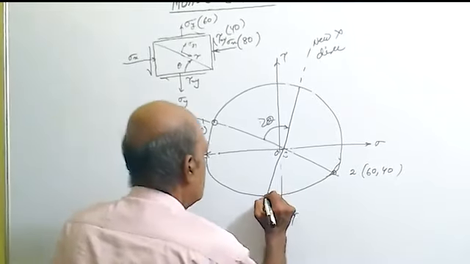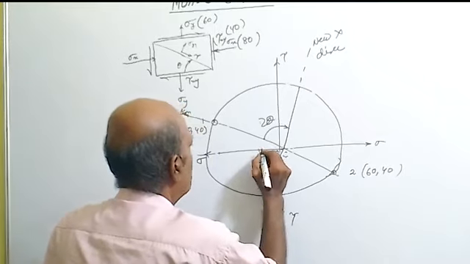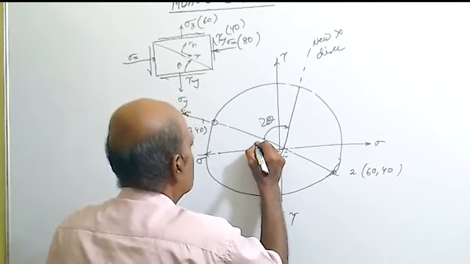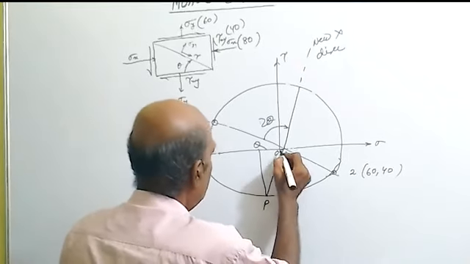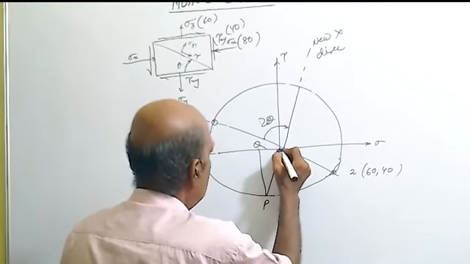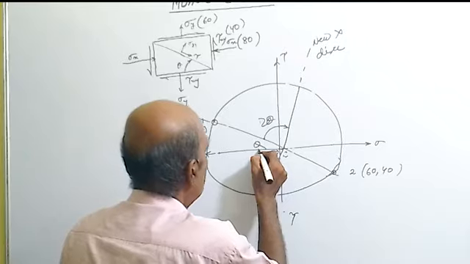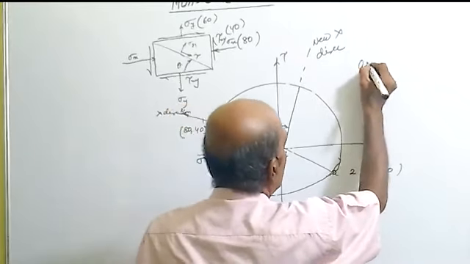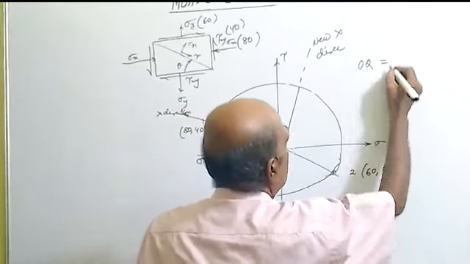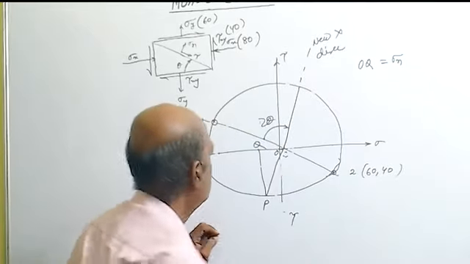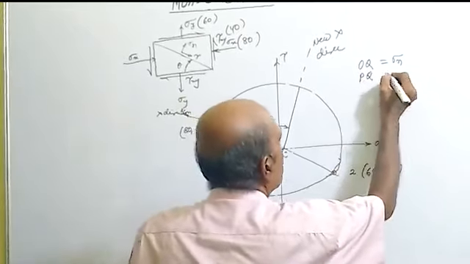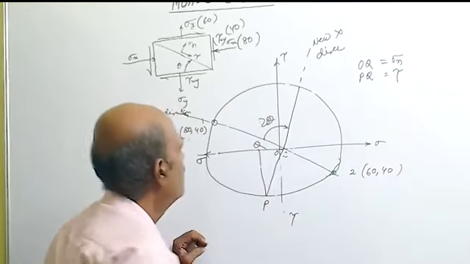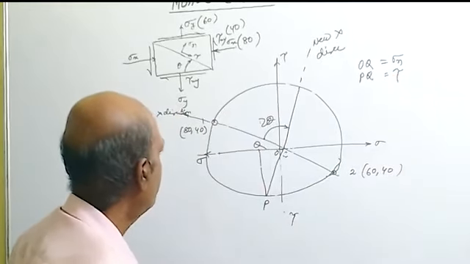From this foot you drop the perpendicular, so let this point become Q. So we have got point P, point Q, and this is the origin. So from the origin you measure the distance OQ, and that will give you the sigma n value. Measure distance PQ, it will give the tau value on the inclined plane.